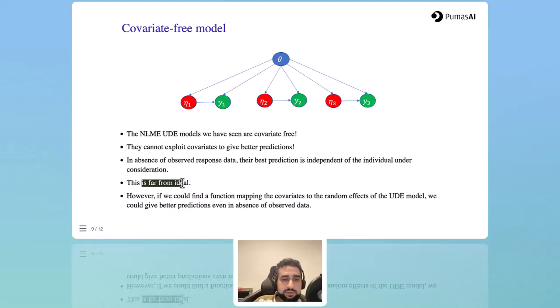We want our model to be customizable. Even at baseline, we want to be able to make individual predictions that are accurate for each person, and that's not possible if we don't take advantage of these baseline covariates. So the idea is to find a function that maps the covariates to the random effects of the universal differential equation.